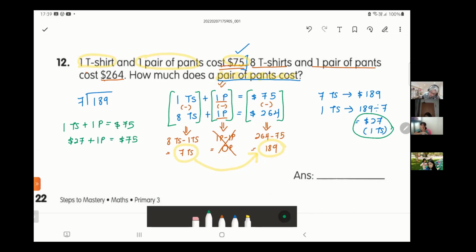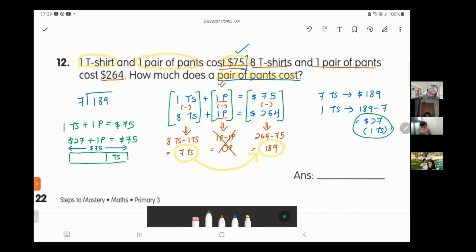This is as good as saying, if I draw my whole model like this, the whole thing is $75. Then part of it is your t-shirt and part of it is your pens, right?